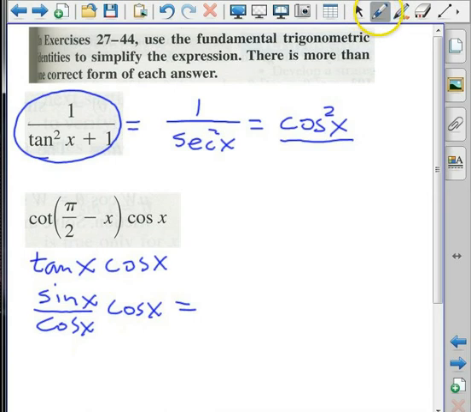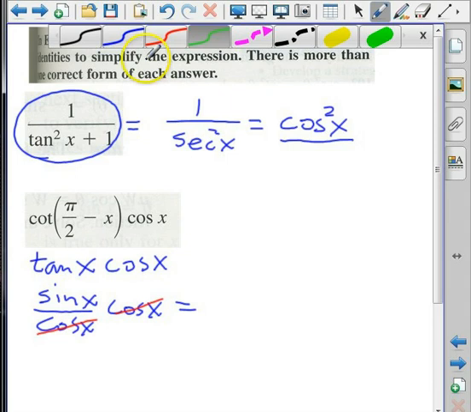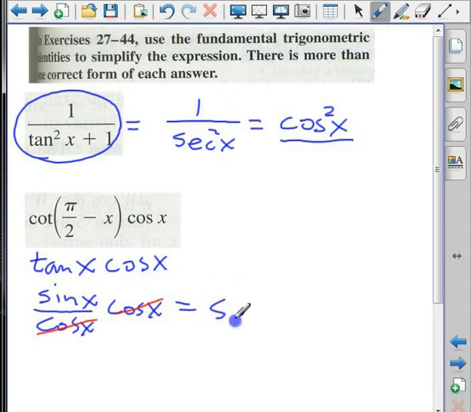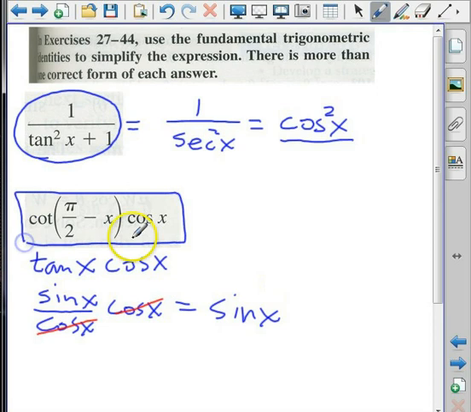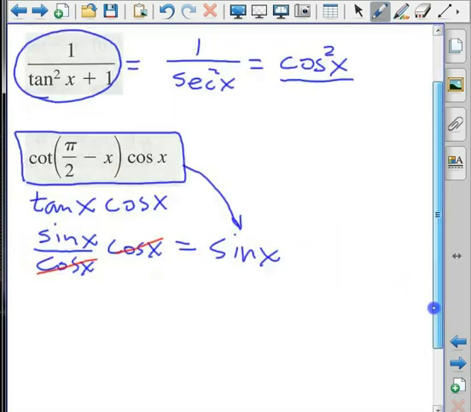And notice that the cosines will cancel. And we're left with sine of x. So this whole expression right here is exactly the same as writing sine of x.